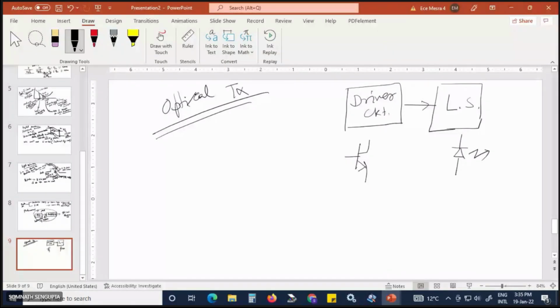A simple circuit is, let us say, one transistor we use. Here one VCC, a simple resistance, then the diode. Here the photon will be emitted, and this is your message signal.